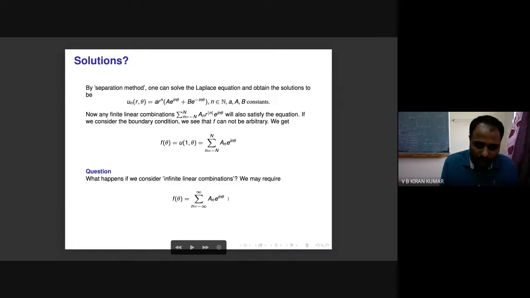Even under a continuity assumption, it does not make sense, and so on. People from physics knew that this kind of series is useful for them, so there should be some mathematics behind this. But from a rigorous mathematics point of view, this was not making sense.